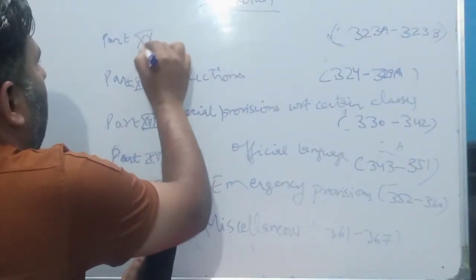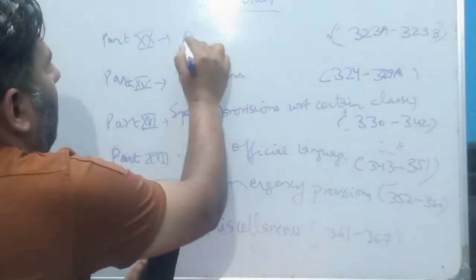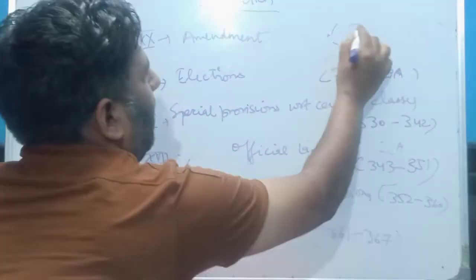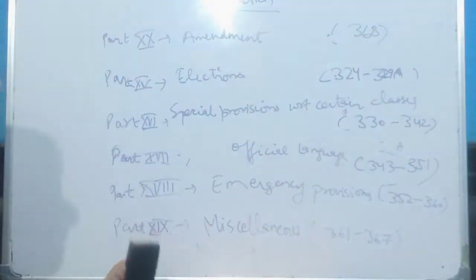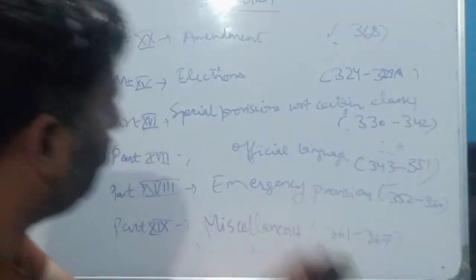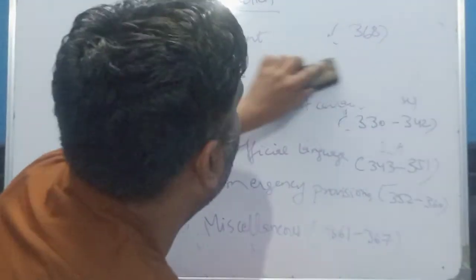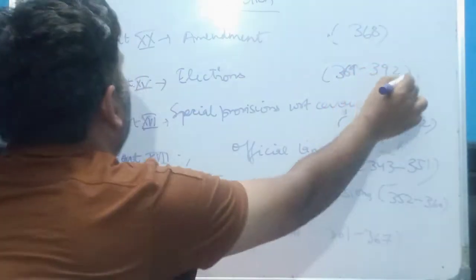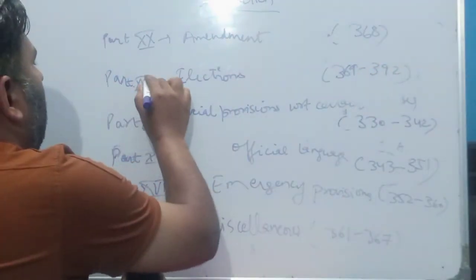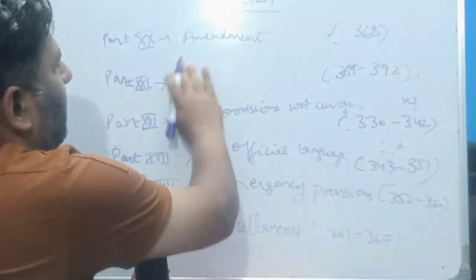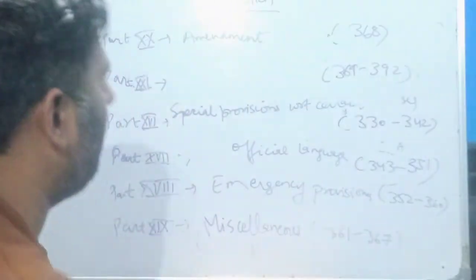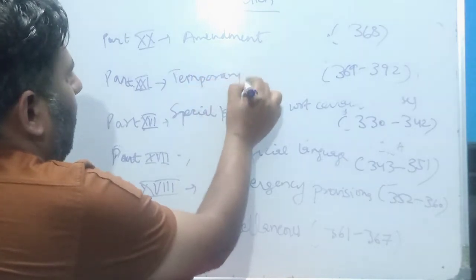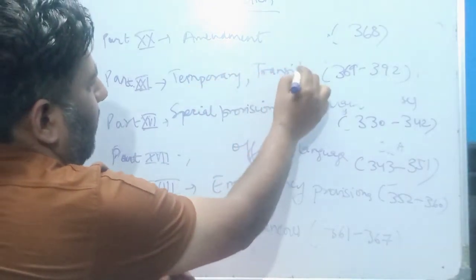Then part 20, which is the amendment of the constitution, amendment procedure, which is 368. Then part 21, 369 to 392, the temporary and transitional provisions.